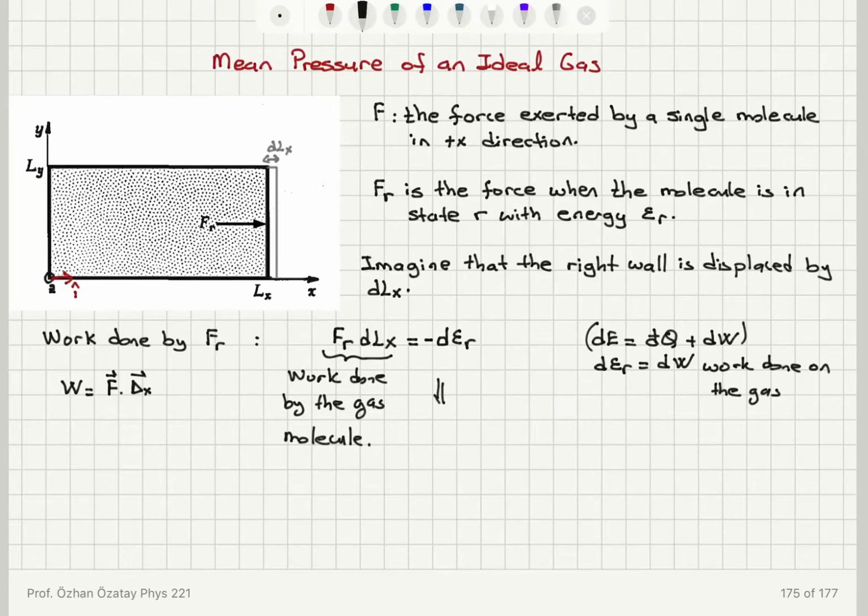it results in a decrease in its energy. Therefore, you can see that this equation implies the force exerted by a single molecule on the right wall is minus the derivative of its energy with respect to displacements in the positive x direction, and here Ly and Lz are constants.